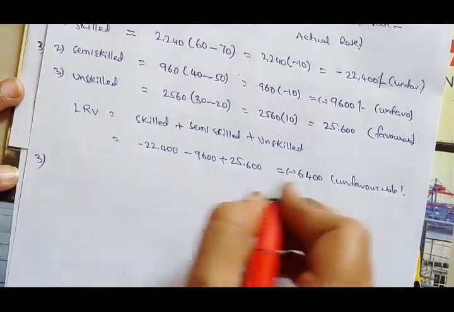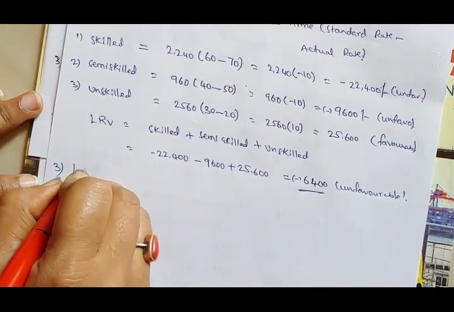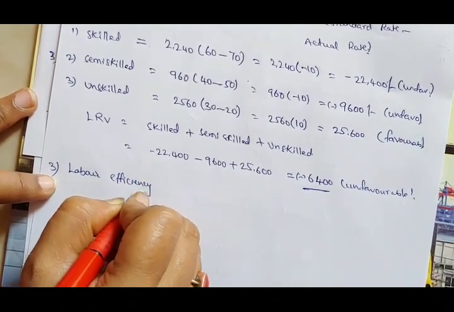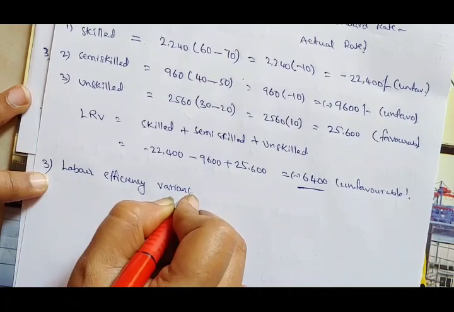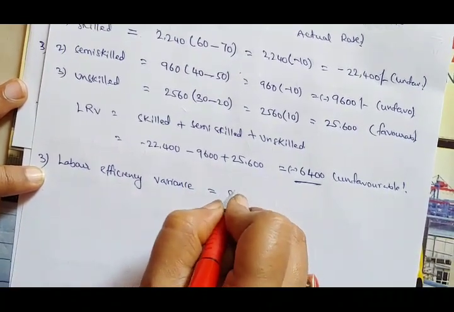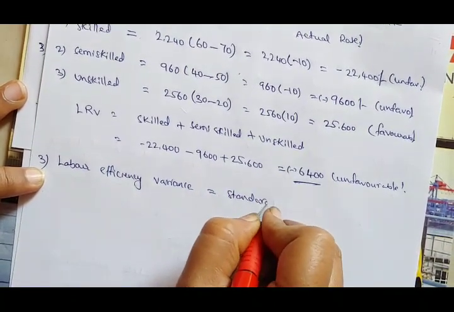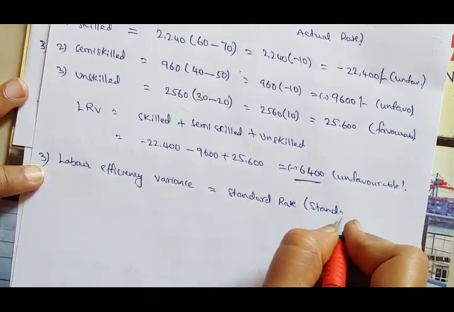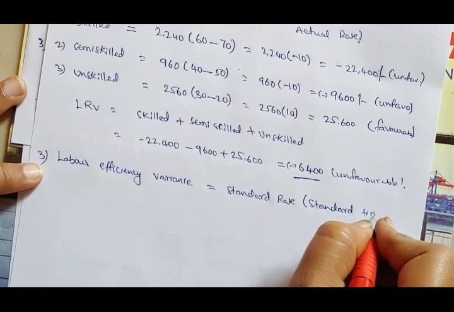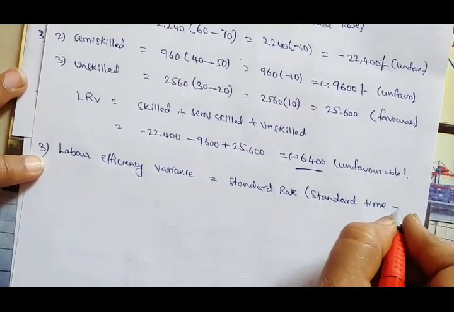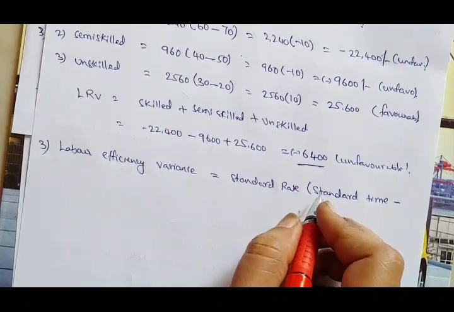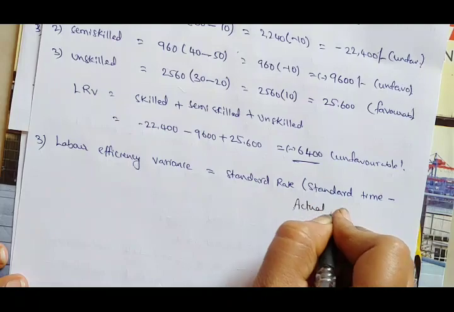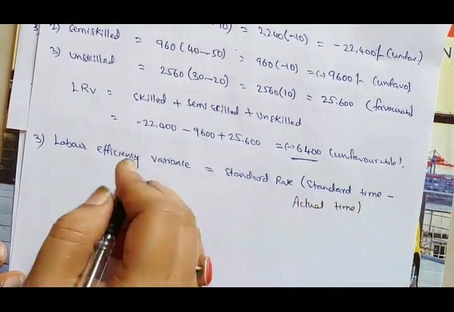Next, third one, we have to calculate labor efficiency variance, equal to standard rate into standard time minus actual time.